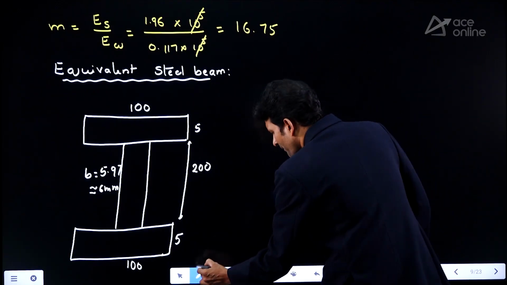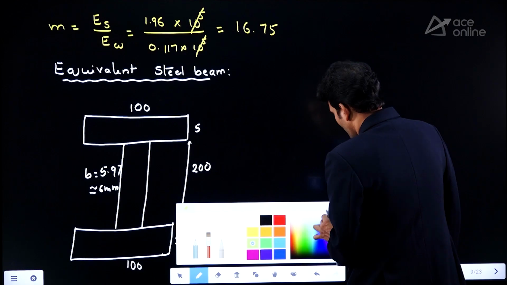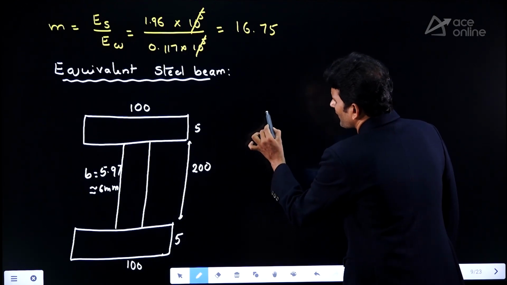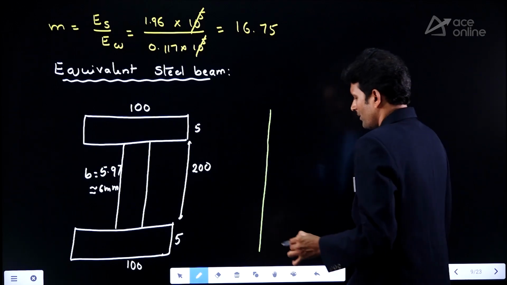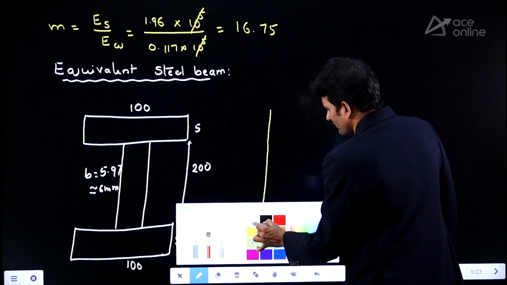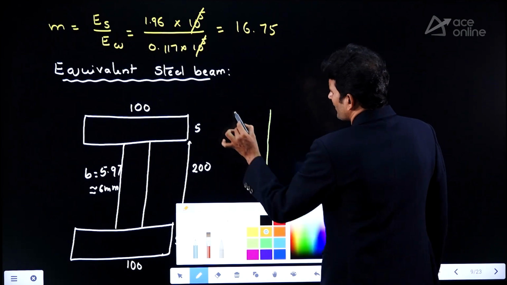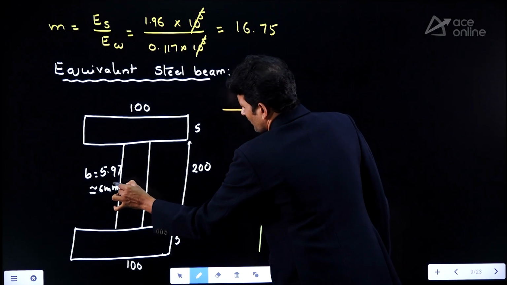Let us take the stress diagram for this, the bending stress diagram. It could be something like this. This is the neutral axis, you can assume.